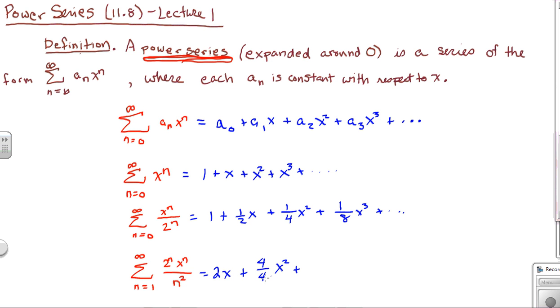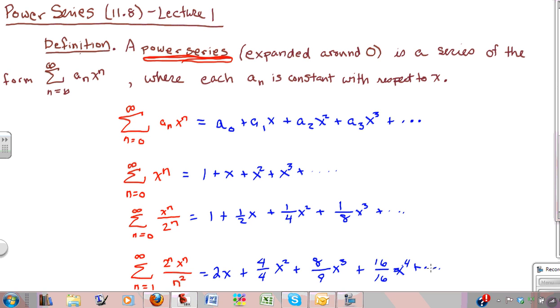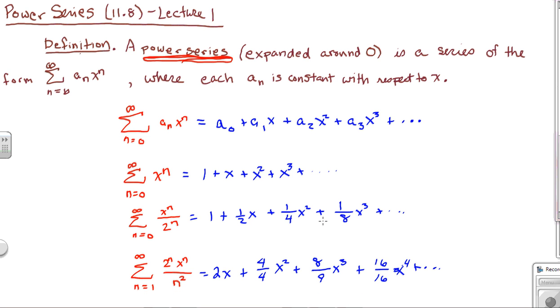When n equals 3, I get 8x cubed over 9, right? 8x cubed over 9, and let's do one more. When n equals 4, I get 16 over 16, that simplifies to 1x to the 4th, and so on down the road. So the idea here is those are all power series. Power series expanded about 0, and we'll talk about what that means in a different lecture.